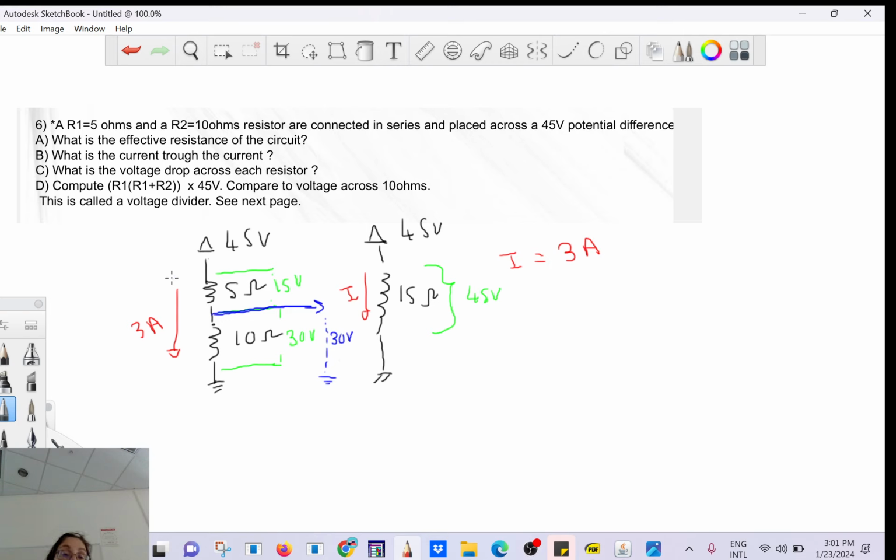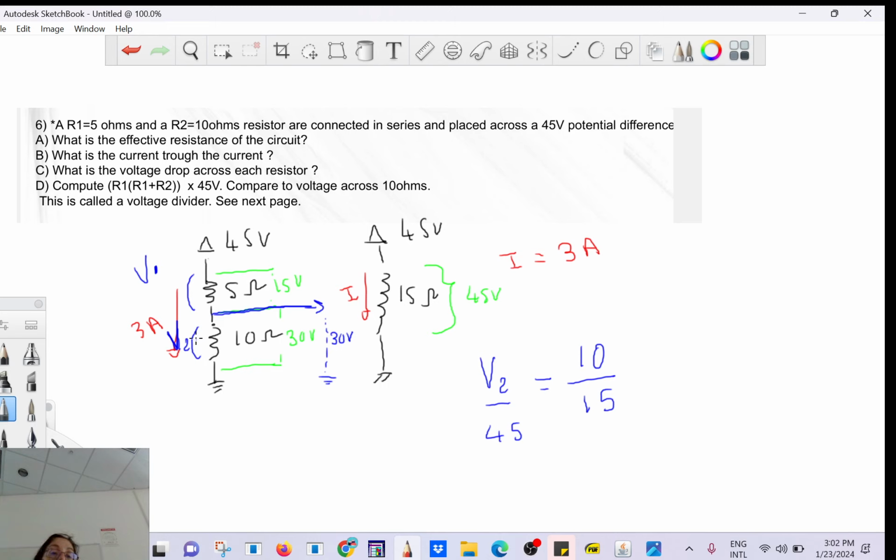And there is a trick for that. I don't want to bother you with it, but you see the voltage here is V1 and the voltage here is V2. We can say the following: V2 is to 45 volt as 10 is to 15.